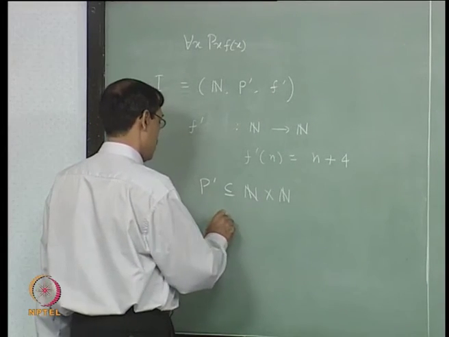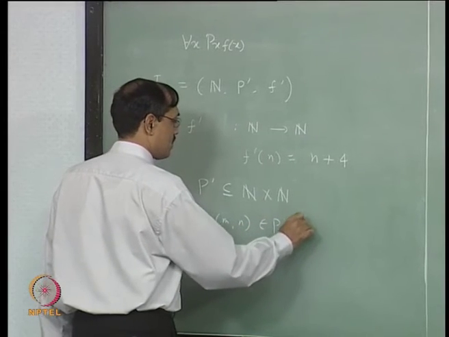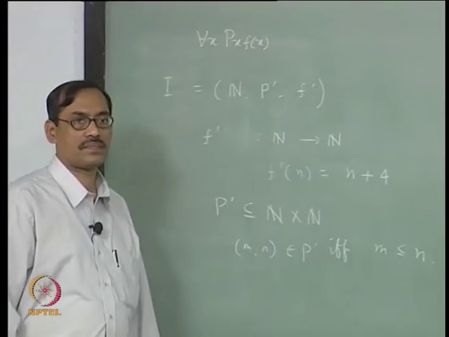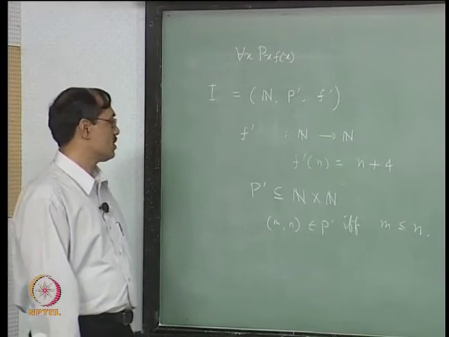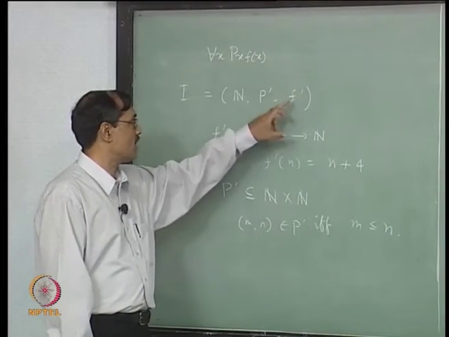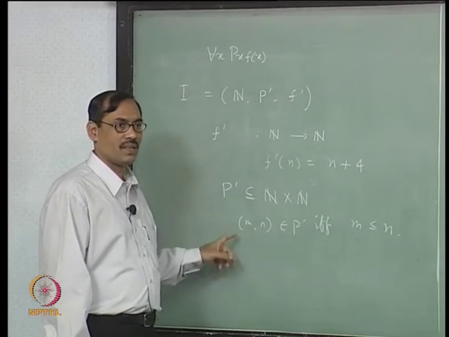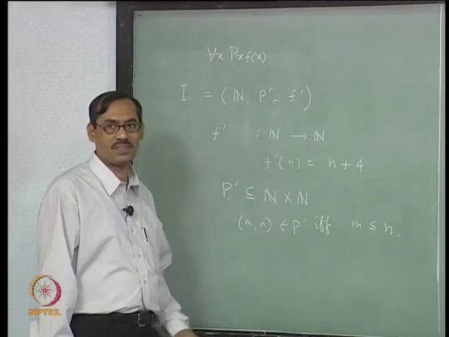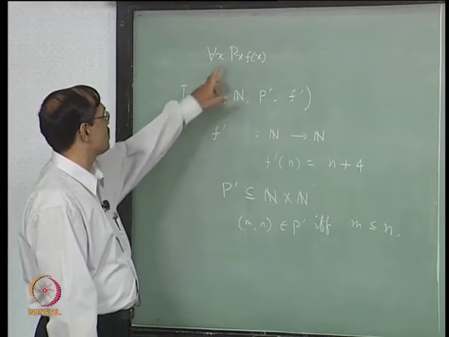So, we say (m, n) belongs to p prime if and only if m is less than or equal to n, fine. So, this defines a function phi of f which is n plus 4 and phi of p which is less than or equal to. Okay. Formally we have to write so much, but this is what it says. Now, then we will see how this one is interpreted.